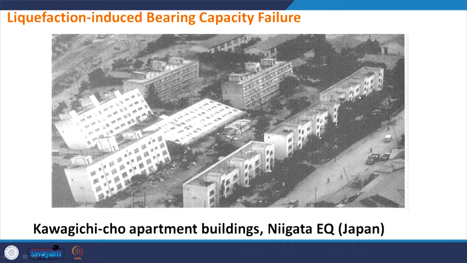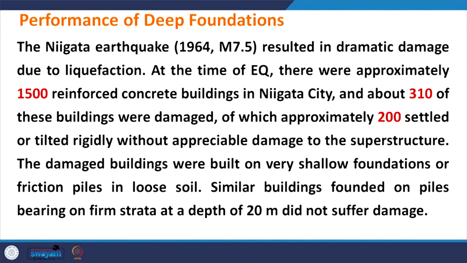The reason observed was that those buildings which were on shallow foundations or on friction piles in loose soils got damaged. Similar buildings which were on pile bearings on firm strata at a depth of 20 meters did not suffer damage. So, this is an example which suggests that if we use pile foundations, the performance of the buildings is going to be better during earthquakes. So, this is the field evidence from the Niigata earthquake.